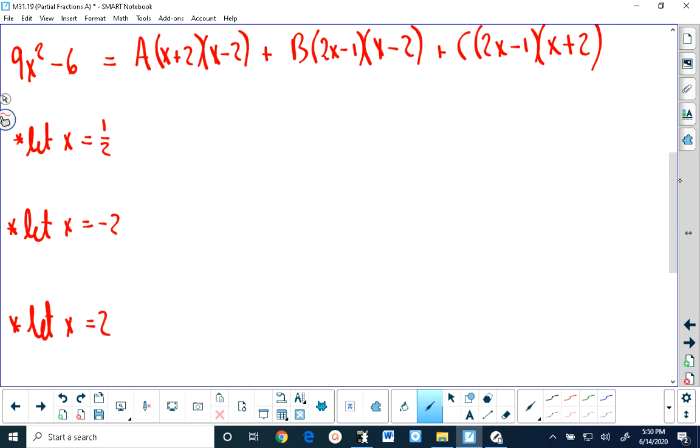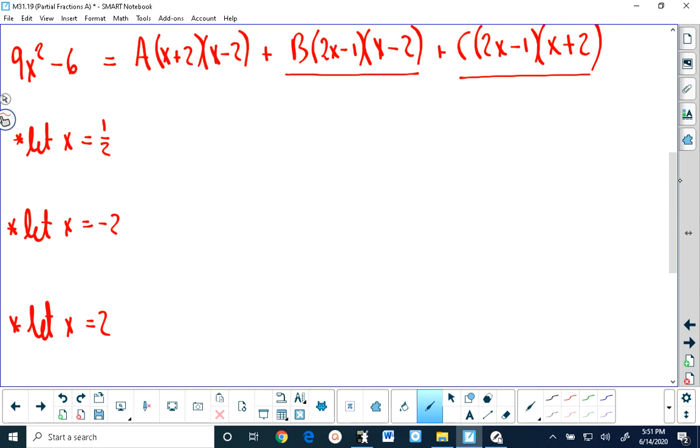When I let x equal 1/2, this term and this term will reduce to 0. Because when I put 1/2 in for x into 2x minus 1, 2 times 1/2 minus 1 will give me 0. And what that means is when I let x equal 1/2, I'll have an equation that contains a in it.